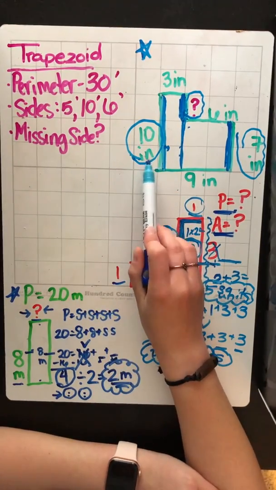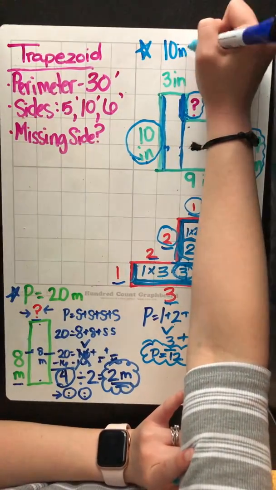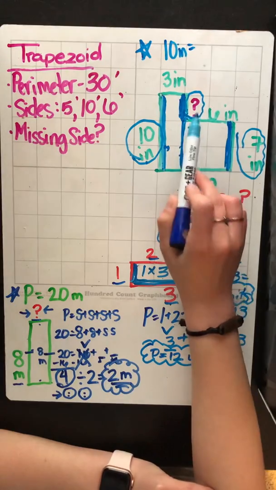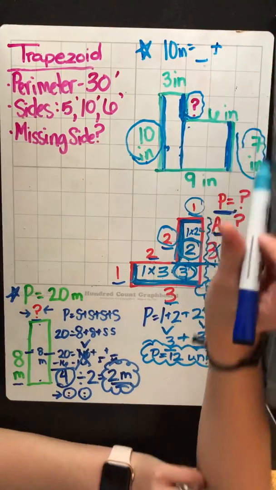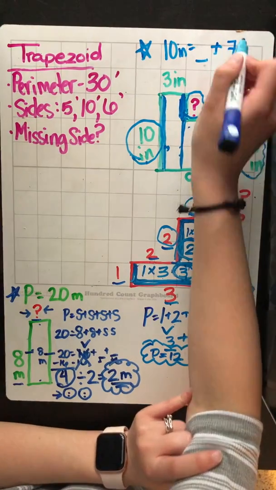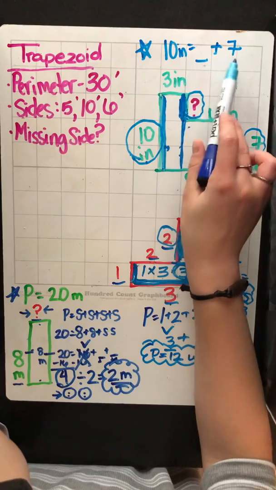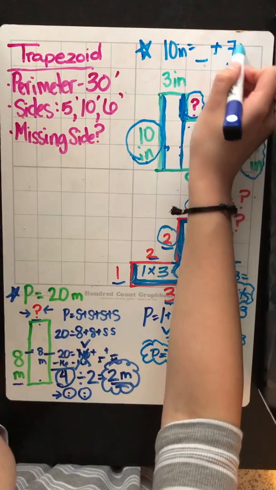So that means my total, 10 inches, equals my missing number that I don't know, blank, plus, I see my other side length over here is 7. So I know that something plus 7 inches will equal 10 inches.